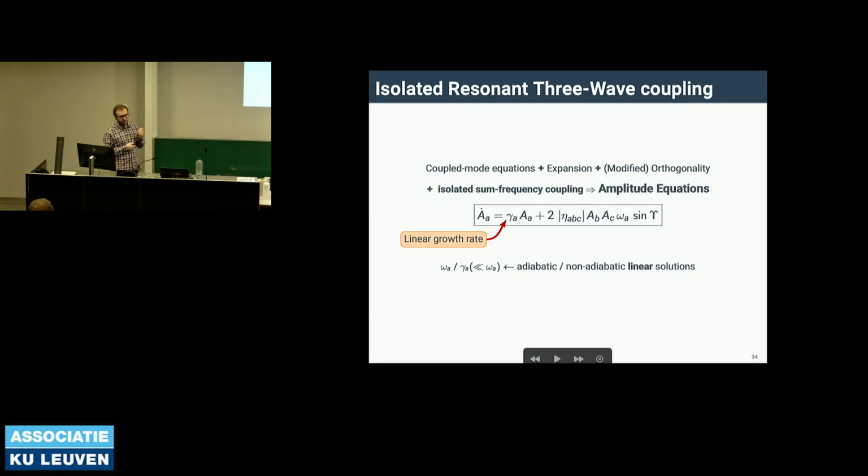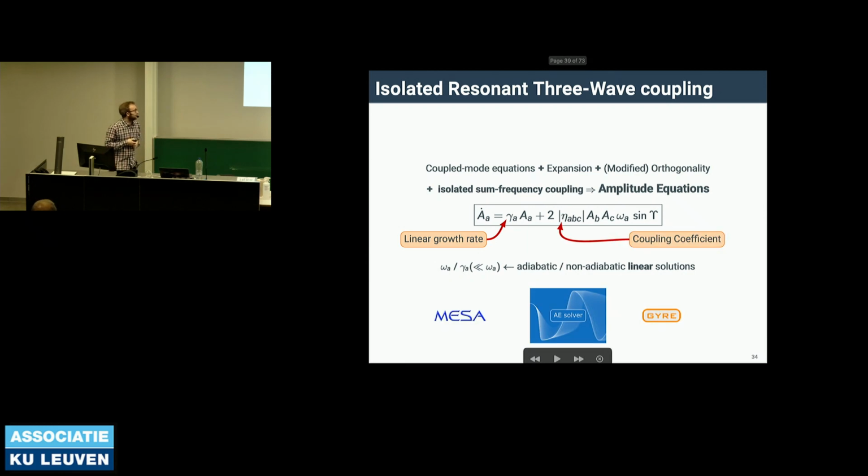And if gamma is positive, well, good, your mode is excited, but it will increase in amplitude indefinitely. If it's negative, it will just damp until it hits an amplitude of 0. So in the linear approximation, we cannot have any information on your amplitudes.